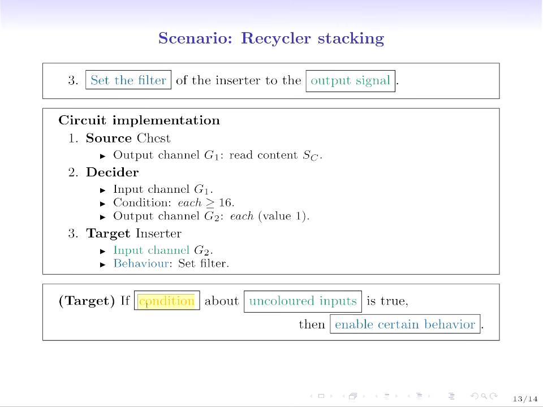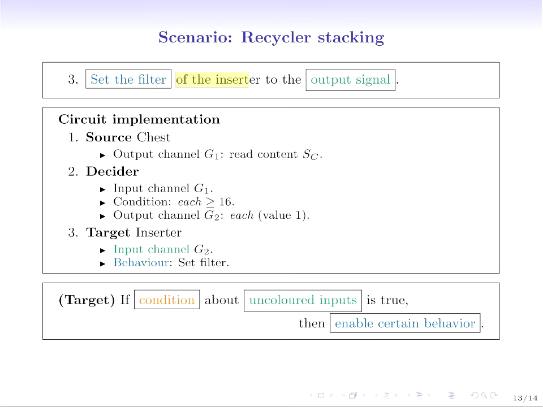So that's the condition. The input will be the output of the decider. Because the output of the decider is uncolored, we can pick an arbitrary color, and we call this channel G2, and put that into the inserter. And setting the filter to it will complete this implementation for the circuit.